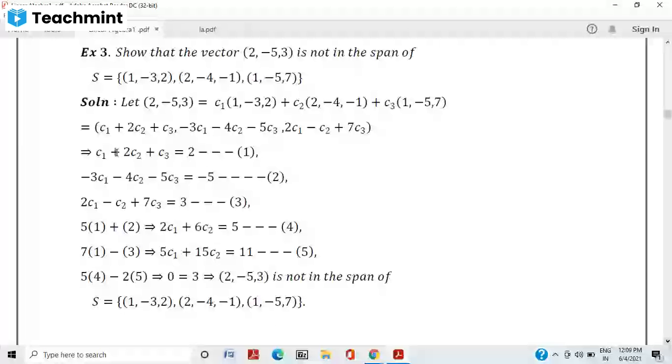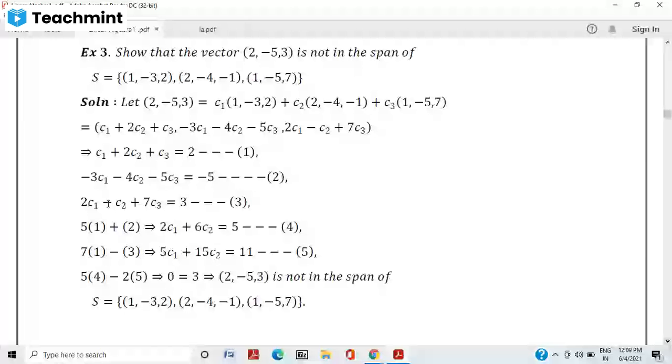Here we multiply the first equation with 7. Then what we get? 7C1, 14C2 plus 7C3 equal to 14. Here the third equation is 2C1 minus C2 plus 7C3 equal to 3. Then 7C1 minus 2C1, that is 5C1.